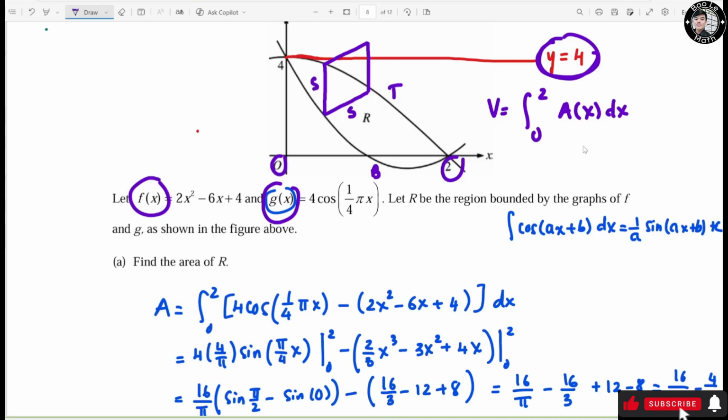So it's the integral from 0 to 2 of the side squared, but the side is the difference between top and bottom. Top is the cosine function, so it's g of s subtract bottom, which means f of s, and then squared, because this is the area of the square, ds.